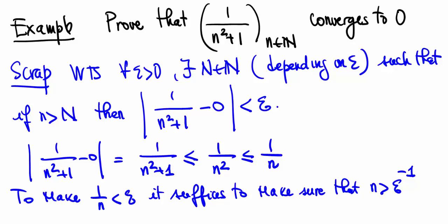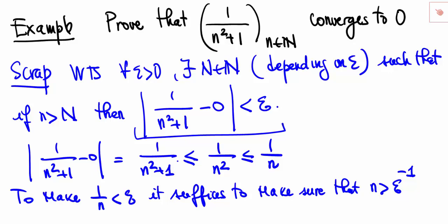Now, if you look at this inequality here, that's a tough inequality to solve for n. So instead of solving this inequality for n, we'll instead try to approximate the left hand side of our inequality by a simpler expression. So in any case, the distance between those two values is just 1 over n squared plus 1.